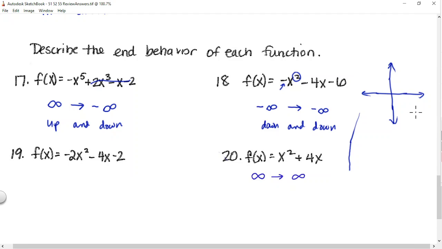And when you go all the way to the right, it also goes down. And it does something in the middle. This was a parabola, so this one's pretty simple. We know what it's going to be shaped like. But the end behavior considerations that we're using, looking at that exponent and looking at that sign, only tell us the end behavior. And then it does something else in the middle.